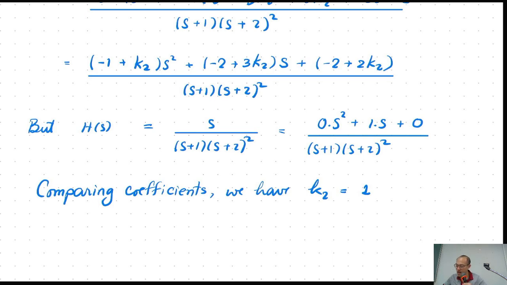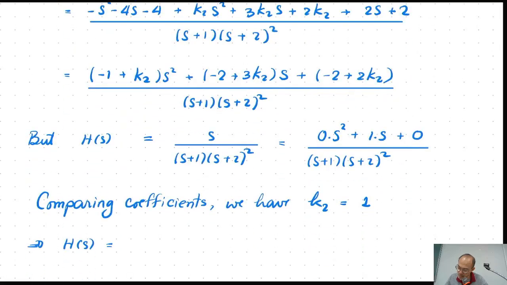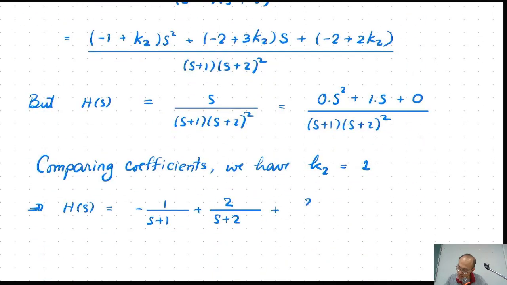So now we have k2 equal to 1, which means that we have H(s) equal to -1 over s plus 1, plus 2 over s plus 2, and the last one is plus 2 over s plus 2 squared.